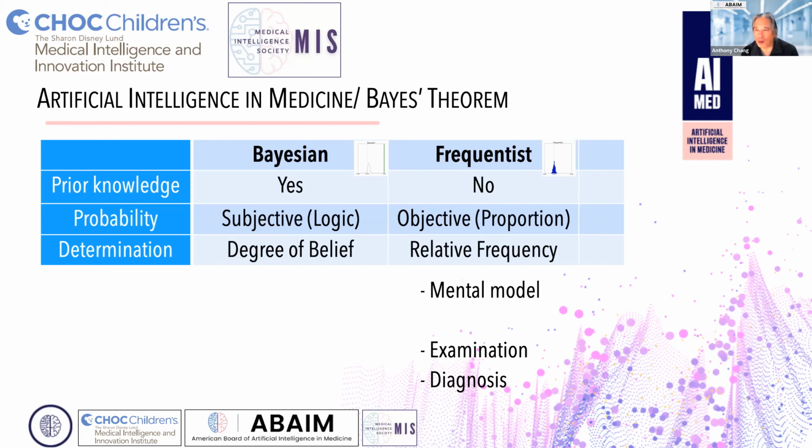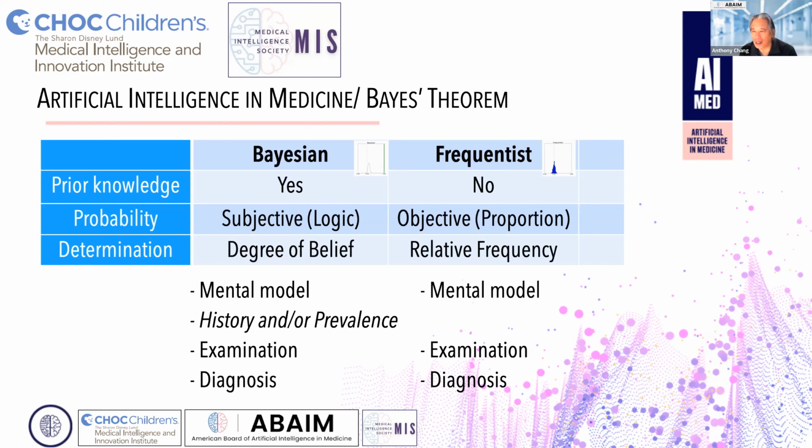If you're more of a Bayesian clinician, then you would absolutely place a lot of emphasis on family history, the history of the patient, the prevalence of heart disease in that region of the country, and put that as priors, or prior probabilities, or knowledge into your mental model. And then you do examination and diagnosis.